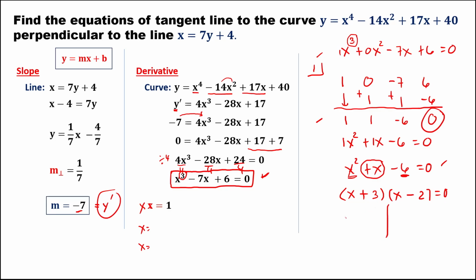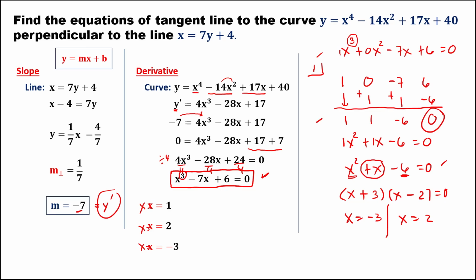So x is equal to negative 3 and x is equal to positive 2. So these are the three roots for x: x is positive 1, x is positive 2, and x is negative 3.